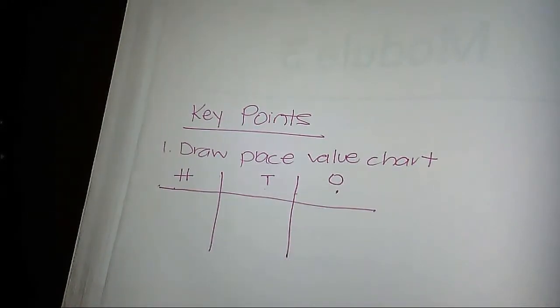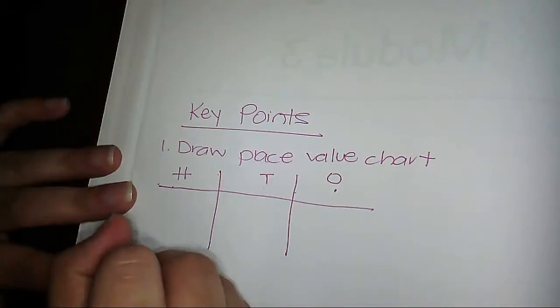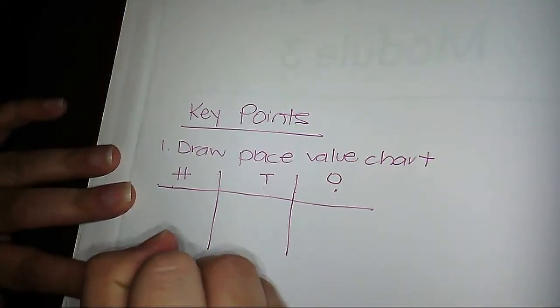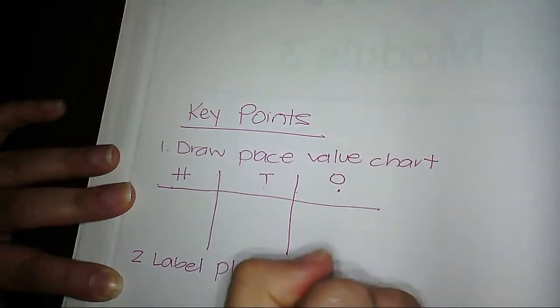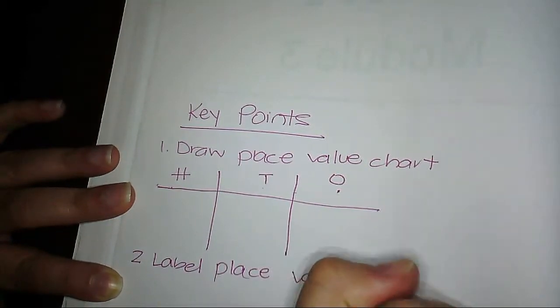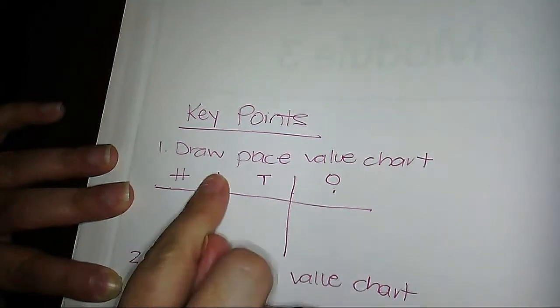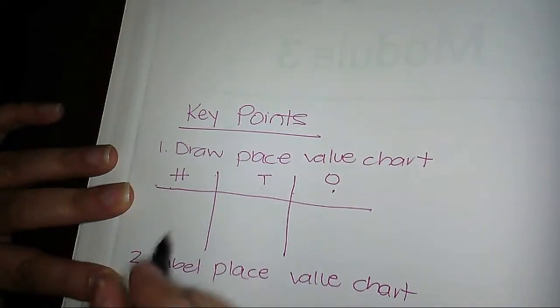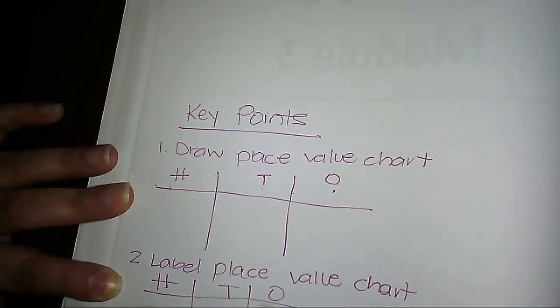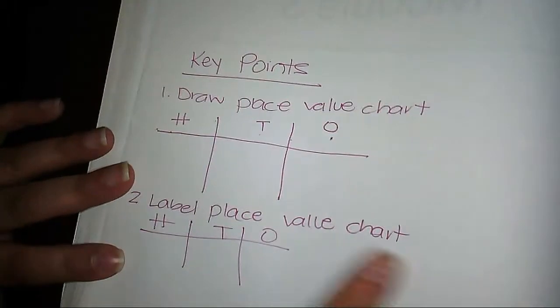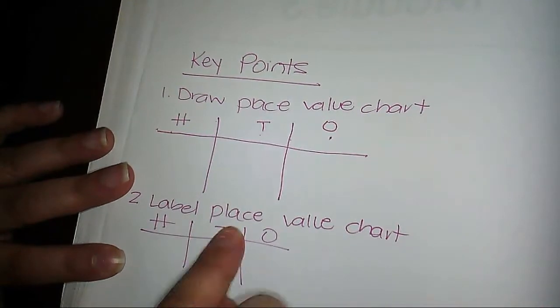So I drew the place value chart, and the step number 2 is label it. Label place value chart, which I kind of already did here. We're labeling with the H, the T, and the O. Hot taco ole, hundreds, tens, and ones.